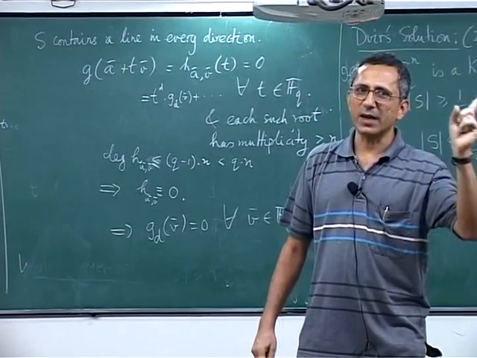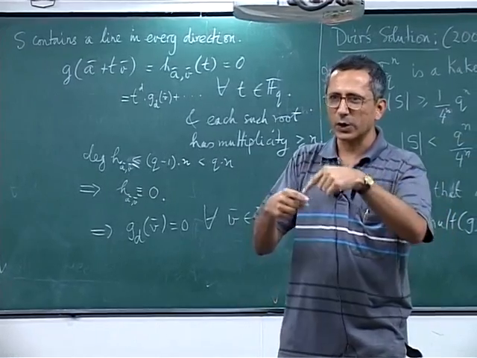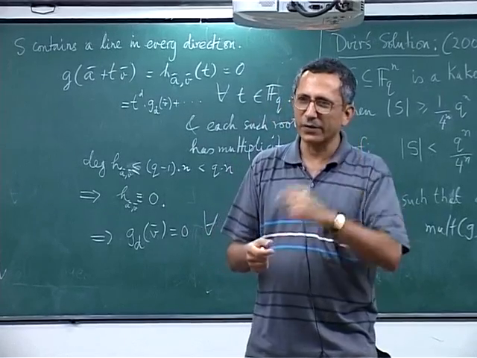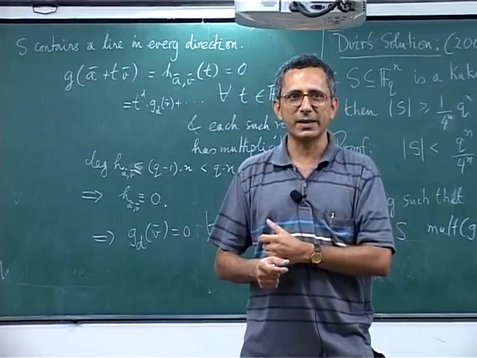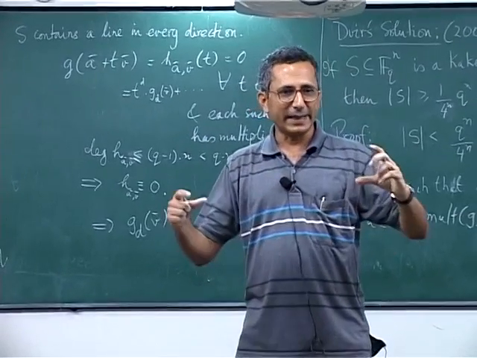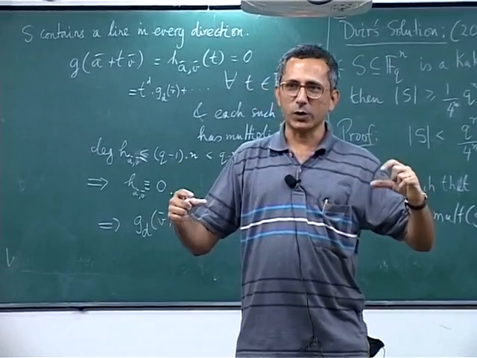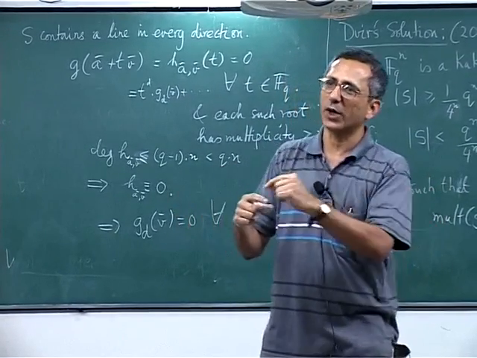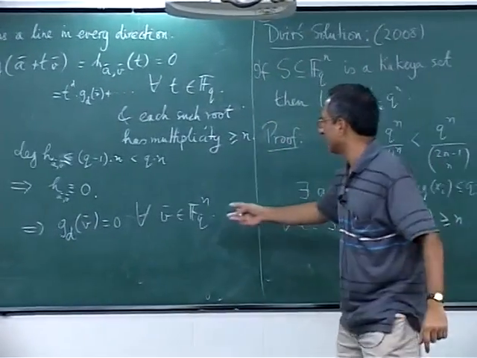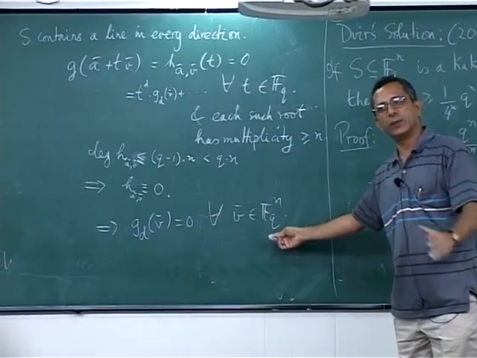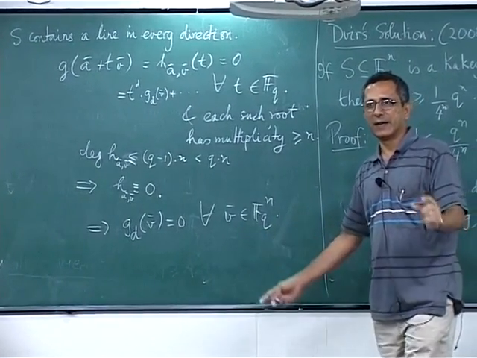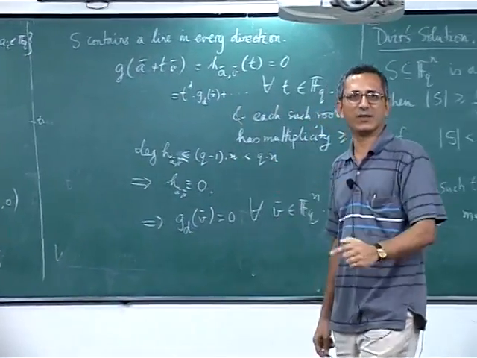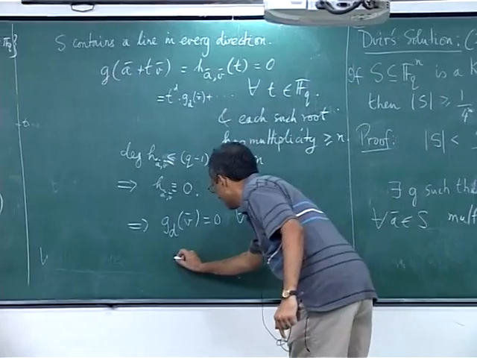Now the Alon-Tarski lemma that we did along with the Schwartz-Zippel test, what was that? If the maximum individual degrees of the variables in a polynomial are d1, d2, dn, and I take sets s1, s2, sn, where s1 is of size d1 plus 1, s2 of size d2 plus 1, and so on, then in that Cartesian product there must be a point where it is non-zero. In this case, take all of s1, s2, sn to be Fq. Fq has q elements in it and the individual degrees are all at most q minus 1. So there must be a point where it doesn't vanish. This contradicts.